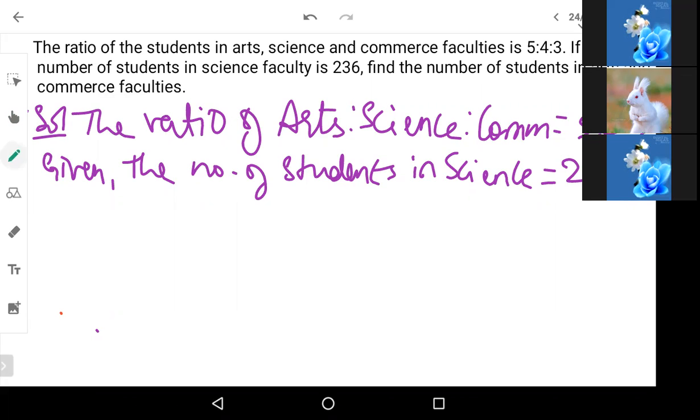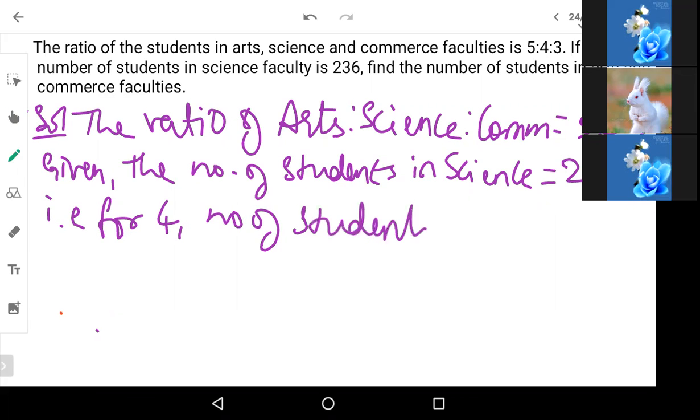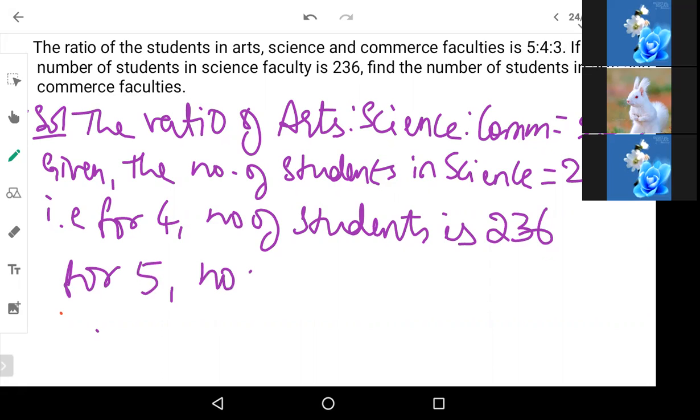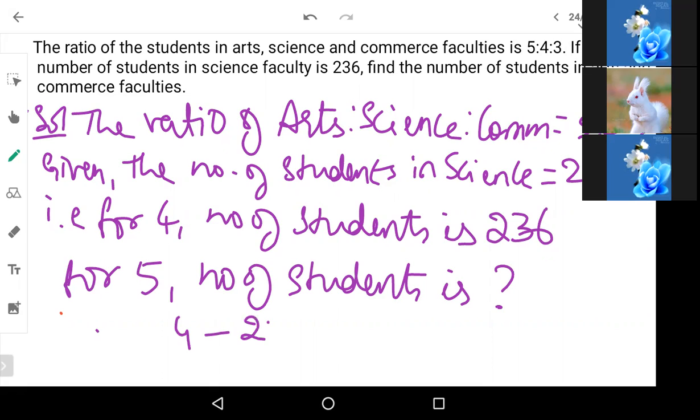Okay, so that is how we are considering. For 4, the number of students is 236. So for 5, the number of students is how much? For 4 if it is 236, for 5 how much is it?